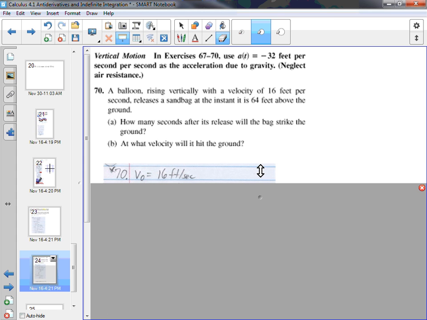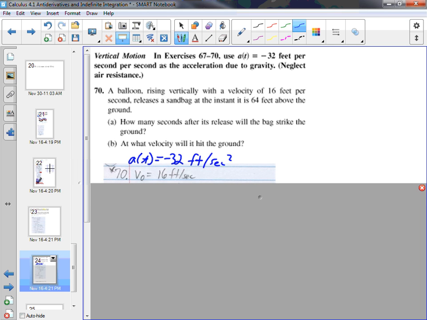All right, so I probably should have written that we're given a of t equals negative 32 feet per second squared. We're given what the initial velocity is, because the balloon's going up with a velocity of 16 feet per second. So when the sandbag is released, it's going up at 16 feet per second, isn't it? So it's not an initial velocity of 0, because when the sandbag is dropped, it's already going up with a velocity of 16 feet per second.